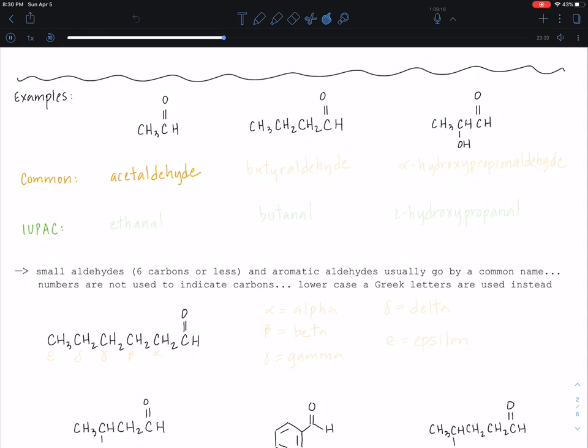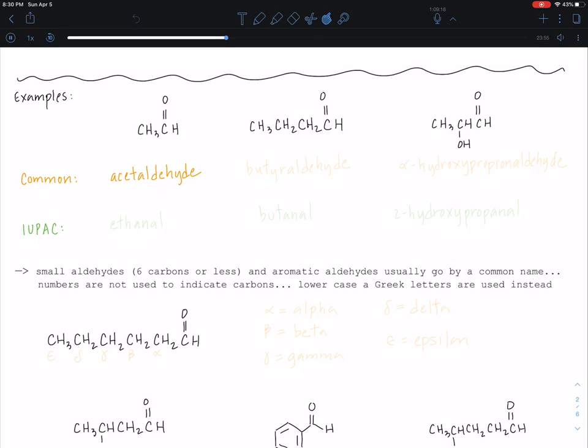So when your liver oxidizes ethanol, when you have a glass of wine or a beer or something, this is the first step. Acetic acid is the last step, but acetaldehyde is sort of that in-between oxidation state. It's responsible for making you feel like total crap the next day, this particular molecule right here.